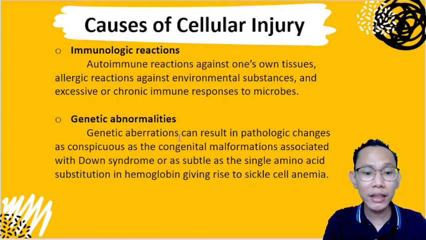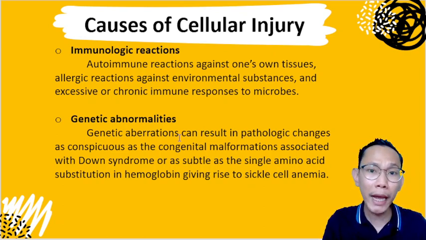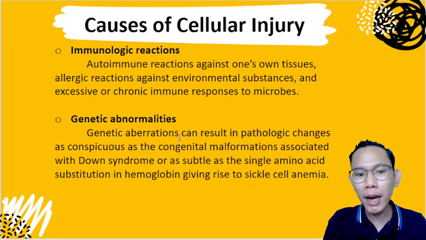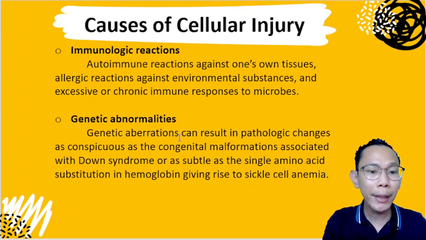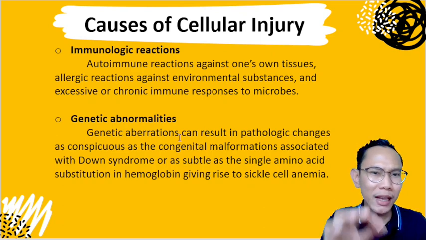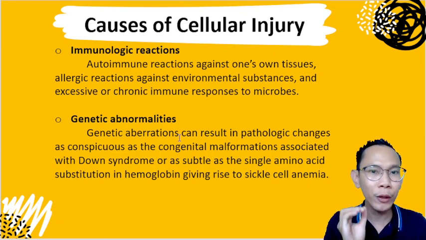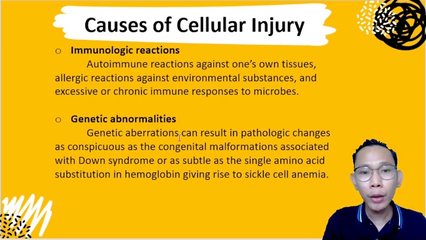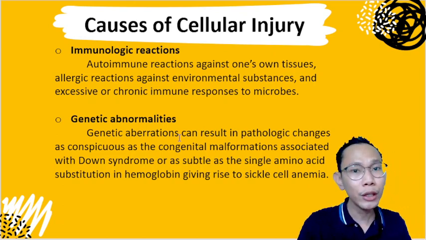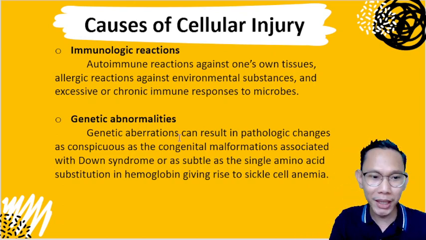So genetic defects may cause cell injury as a consequence of deficiency of functional proteins such as enzymes in inborn error of metabolism, or pwede namang accumulation of damaged DNA or misfolded proteins. Later on, we will see how misfolded proteins affect your cell, both of which will trigger cell death when they are beyond repair.